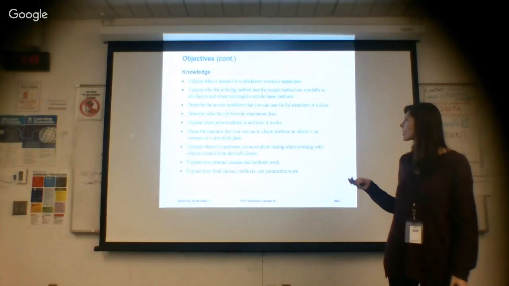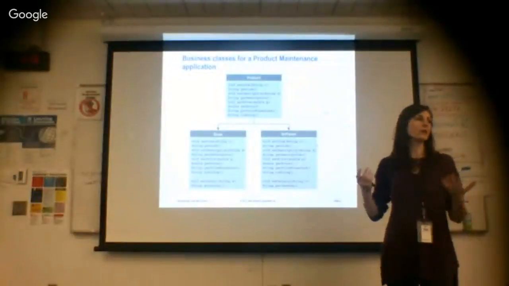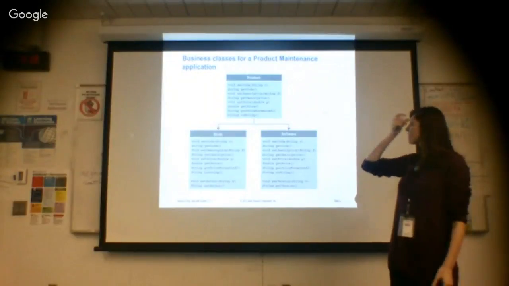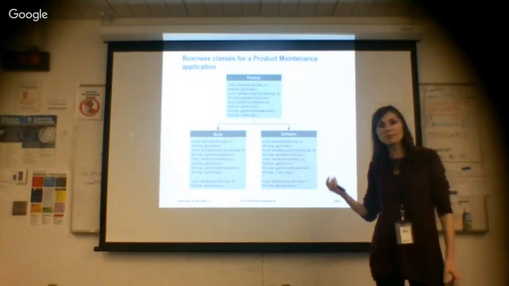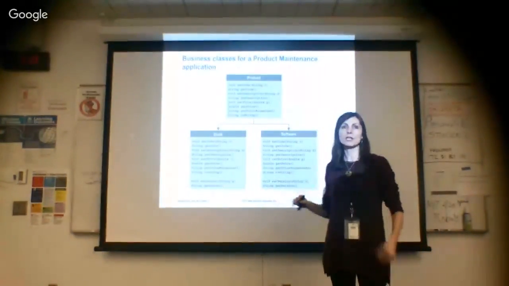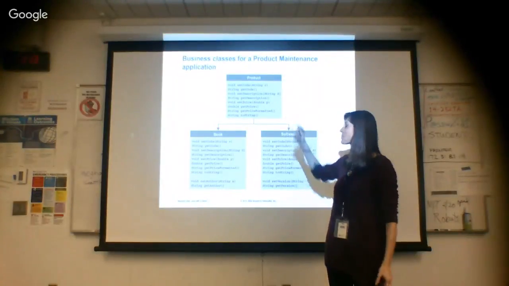All right, so here is a business class product maintenance application. This is an example of why you would want to use inheritance. If you have a product class, you have two different types of products, the book and the software. They're both products, but they're different from each other. However, they both conform to a certain structure that can be expressed as a product.